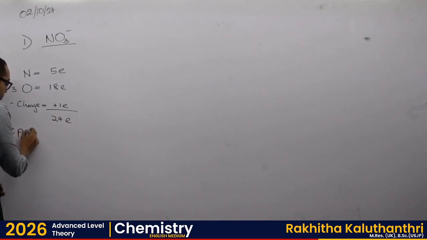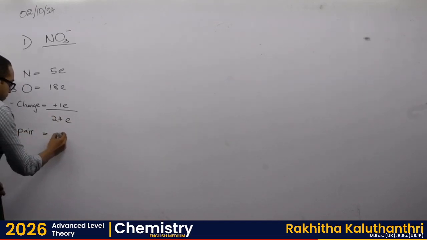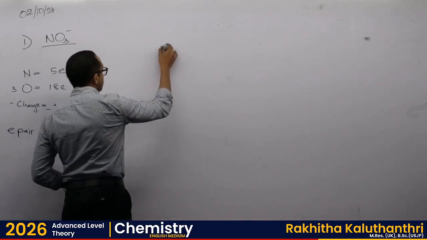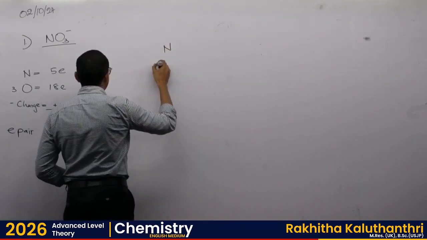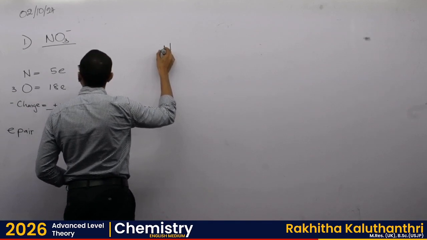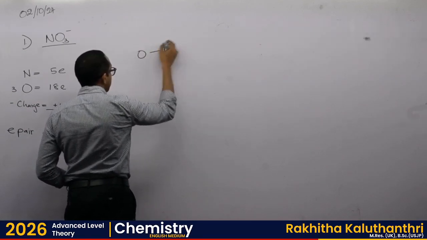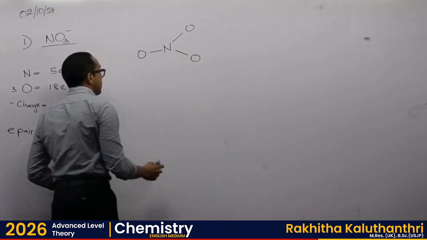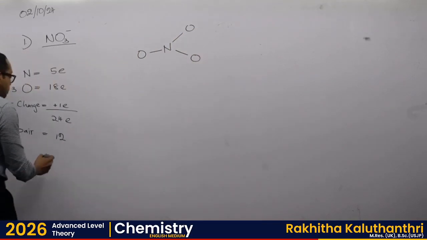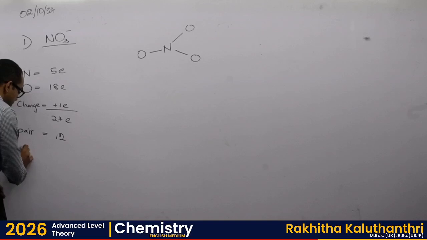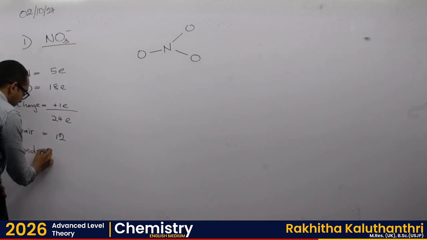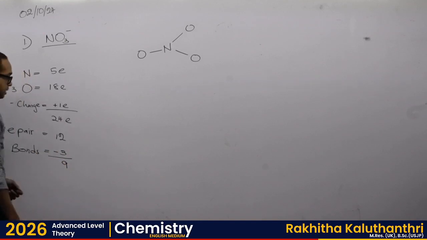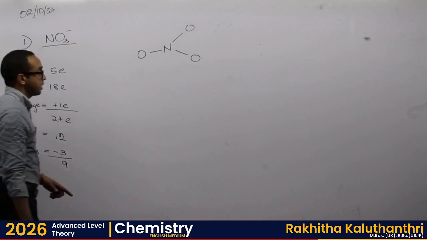Electron pair number would be 12. So we have nitrogen connected to 3 oxygens, right? So therefore 3 bonds are used. So I need to represent 9 lone pairs. So 9 is the number of lone pairs.